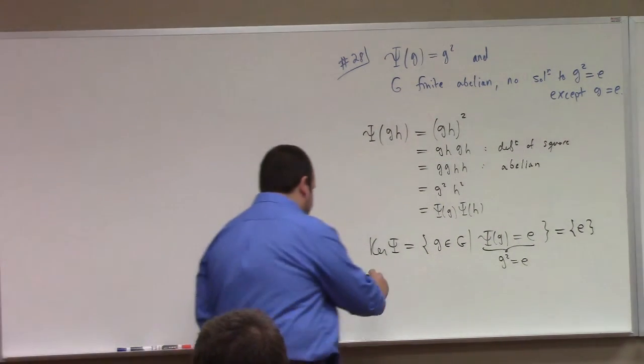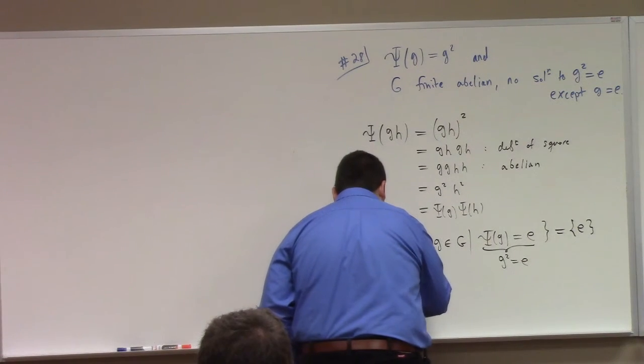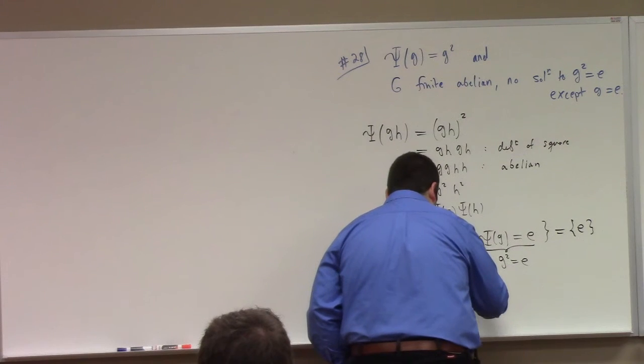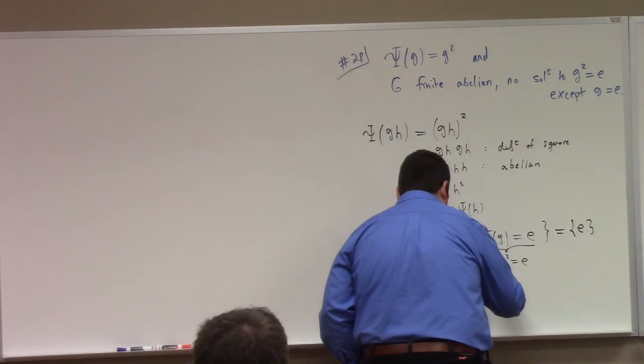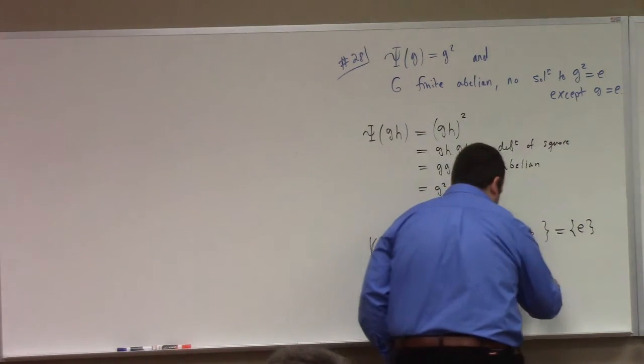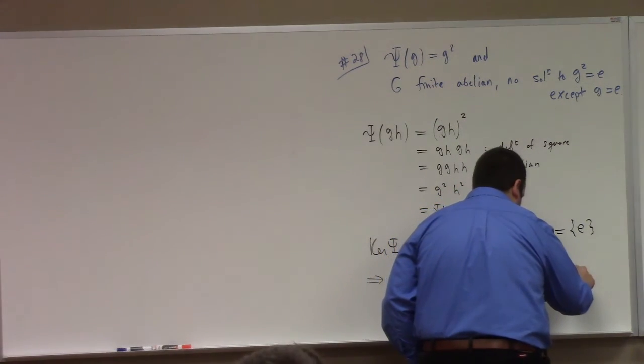And then we showed in the training exercises that if it's injective and it's operating on a finite set, then it must be surjective. So psi is a bijection, which implies, of course, that psi is an automorphism, right?